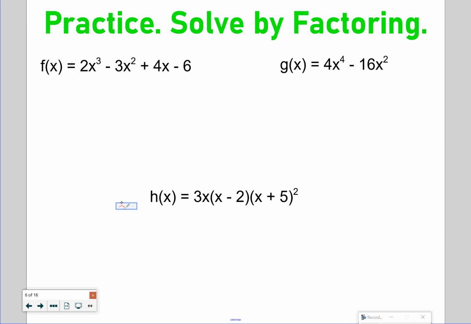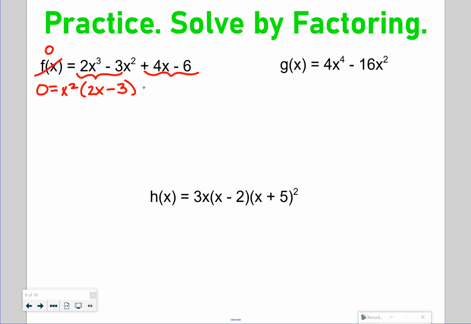All right, let's start with the first one. If I set this equal to 0, I see that I have 4 terms, and all 4 terms have nothing in common, so I'm going to solve by grouping. First 2 and the second 2. In the first pair, I can take out an x squared, and that leaves me with 2x minus 3.